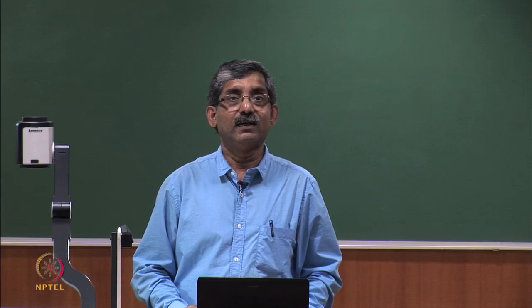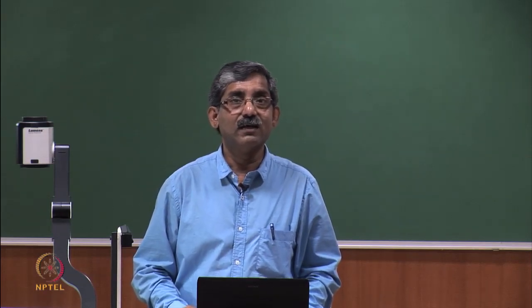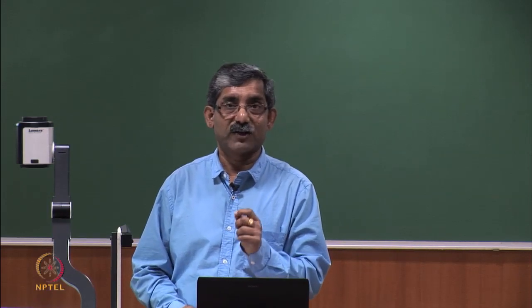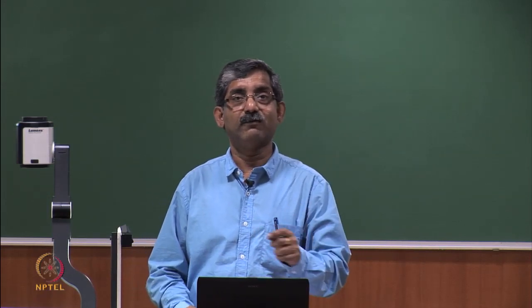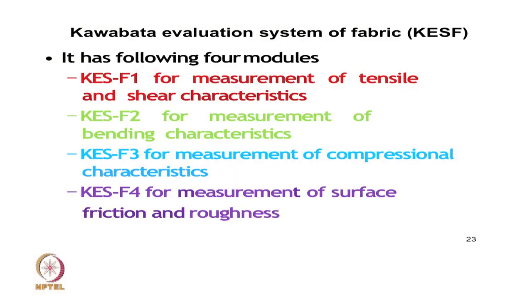Similarly, in KESF 1, the tensile characteristics are measured at a very low level of stress. Similarly, for shear characteristics, KESF 3 is for measurement of compressional characteristics, and KESF 4 for measurement of surface friction and roughness characteristics.